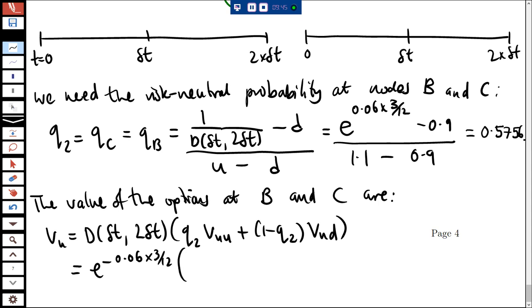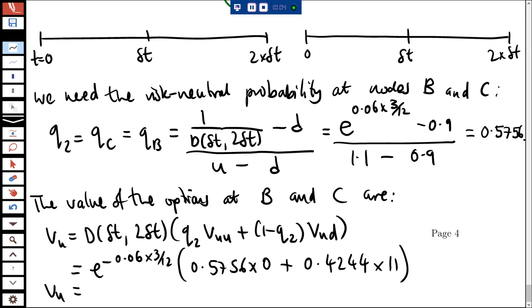We have, let me see, 0.5756. Take this off the picture. Take that off the tree, which gives, by my calculation, £4.5989.